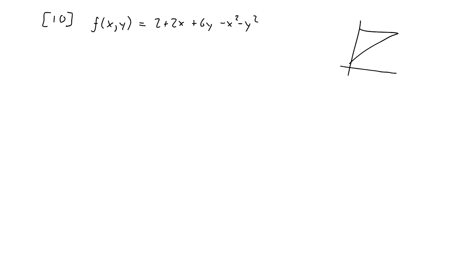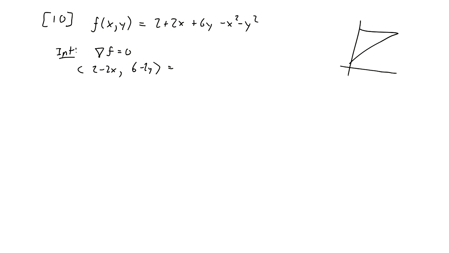So remember, what we need to do is find the interior critical points, find the boundary critical points, and identify the vertices. Let's start with the interior critical points. We find those by setting the gradient of the function equal to 0. Differentiating with respect to x gives us 2 minus 2x, and with respect to y gives 6 minus 2y.